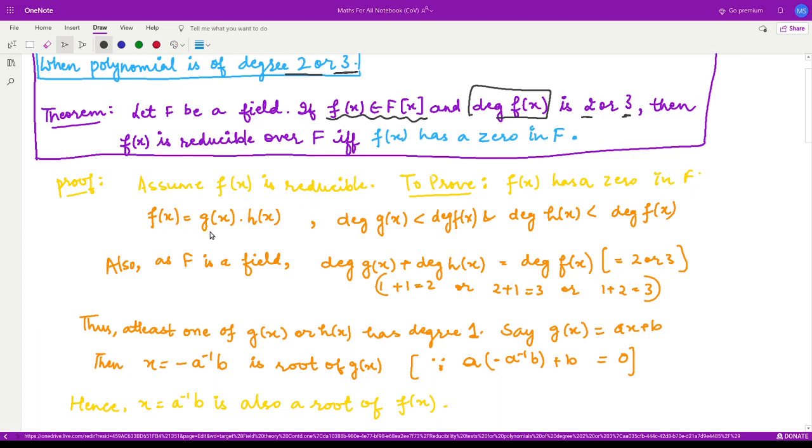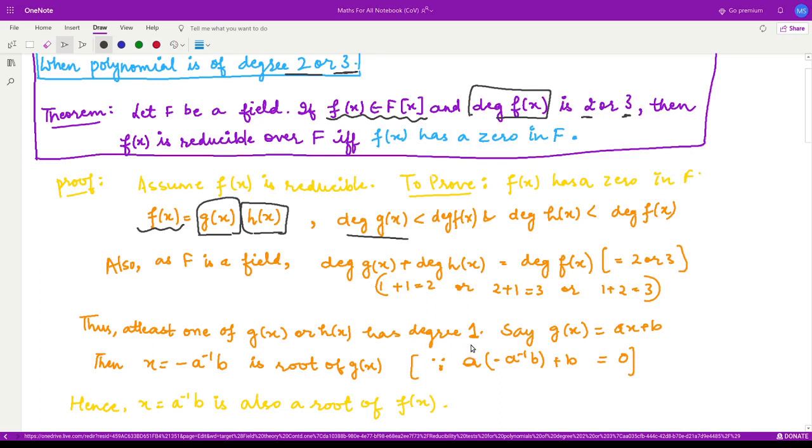So as for now, let us consider that this is a reducible polynomial. That means by definition we can write this as the product of two polynomials where the degree of each of these polynomials is less than the degree of the given polynomial f(x), right? Now we are saying that at least one of this g(x) and h(x) has degree 1.